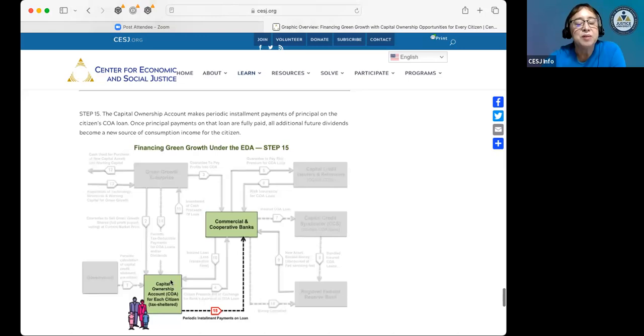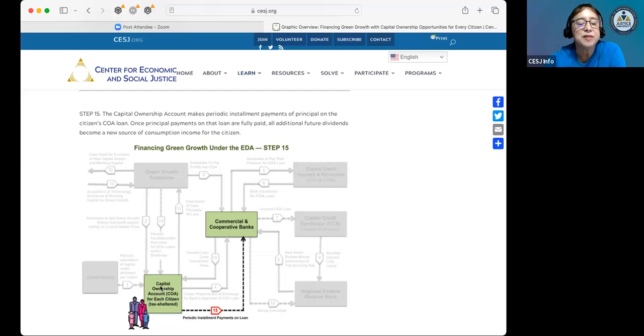So the capital ownership account takes the payments from the corporation and it's going to make its installment payments to its lender. This is on the principal plus whatever portion of the service charge has to be repaid at that. And as I said, once the loan that this bank made to the capital ownership account is paid off, the continuing stream of dividends is now income.